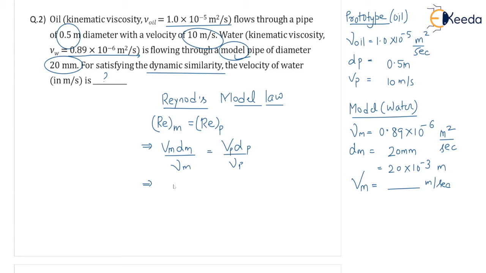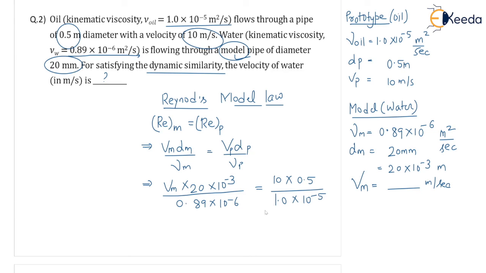Velocity in case of model, V_m, that we have to find, times d_m which is 20 × 10^-3, divided by kinematic viscosity 0.89 × 10^-6, equal to velocity in case of prototype, that is 10 meter per second, times diameter of the pipe 0.5, divided by nu_p, kinematic viscosity in case of prototype, that is oil, 1.0 × 10^-5.